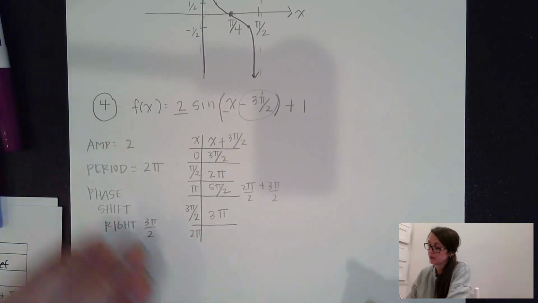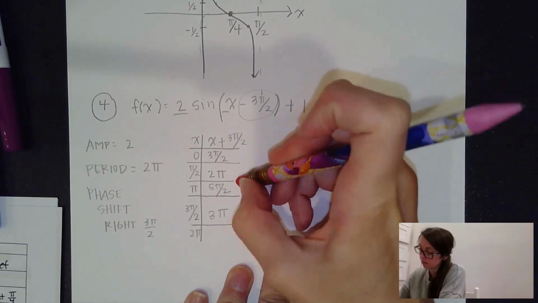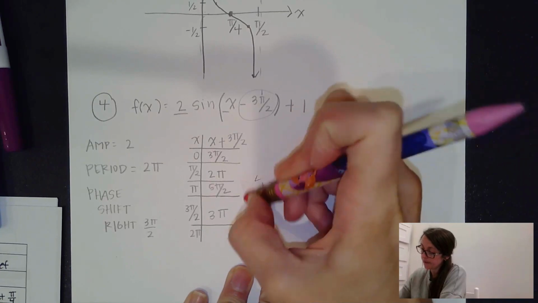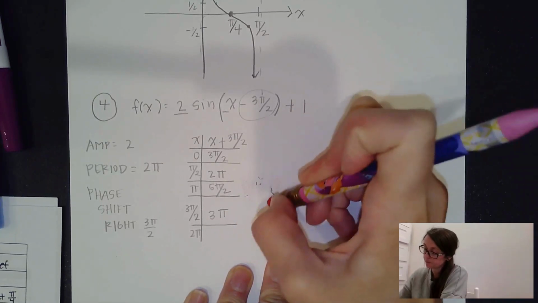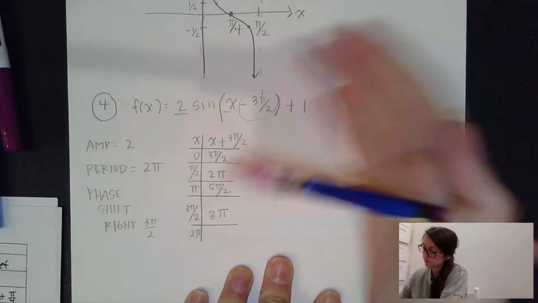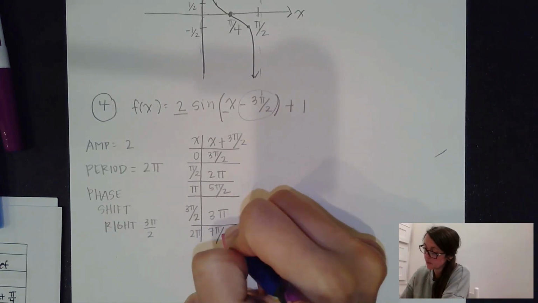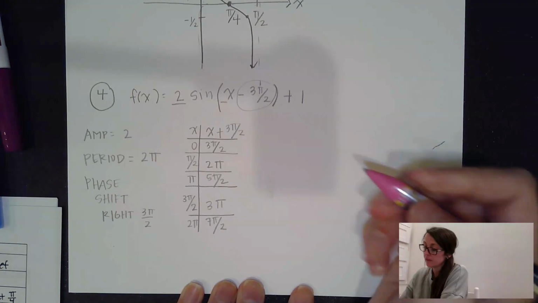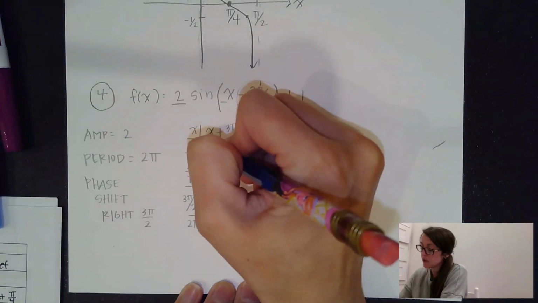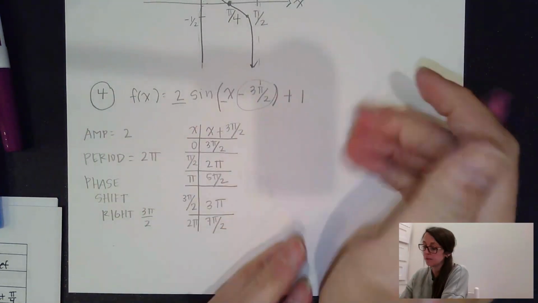And then 2 pi plus 3 pi over 2 is 7 pi over 2. So now I have shifted my graph 3 pi over 2 units to the right side.